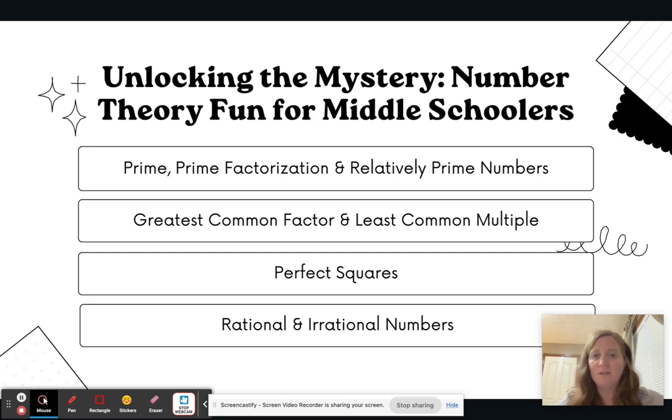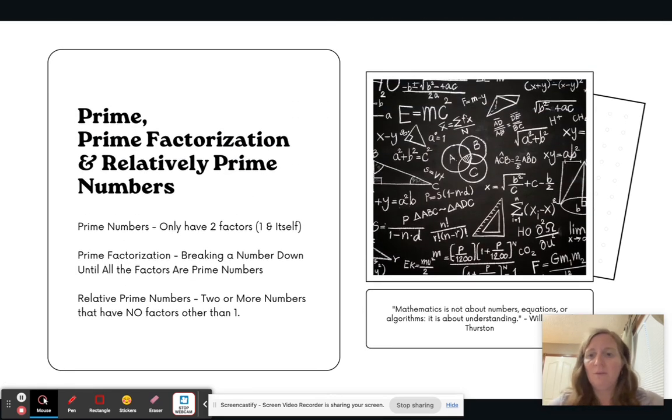And the way we're going to do this is I'm going to do a little bit of a review, and then we're going to jump into some practice problems. My plan is to use IXL or Bookit or quizzes to get those practice problems in. So let's start with the prime factorization, and relatively prime numbers.